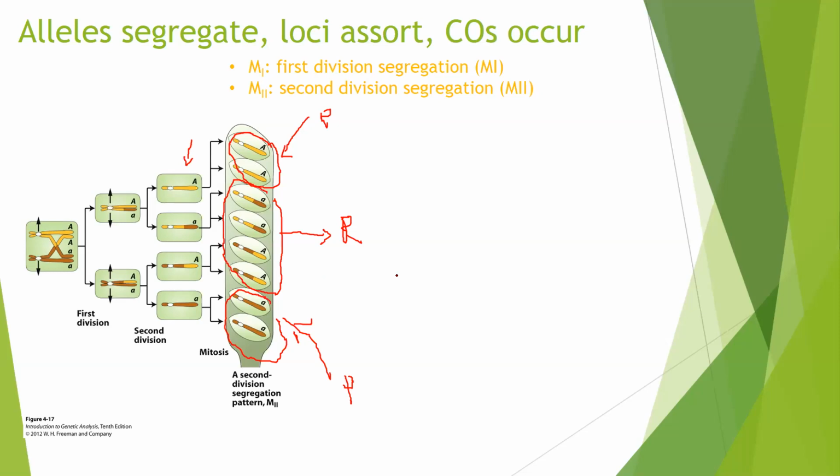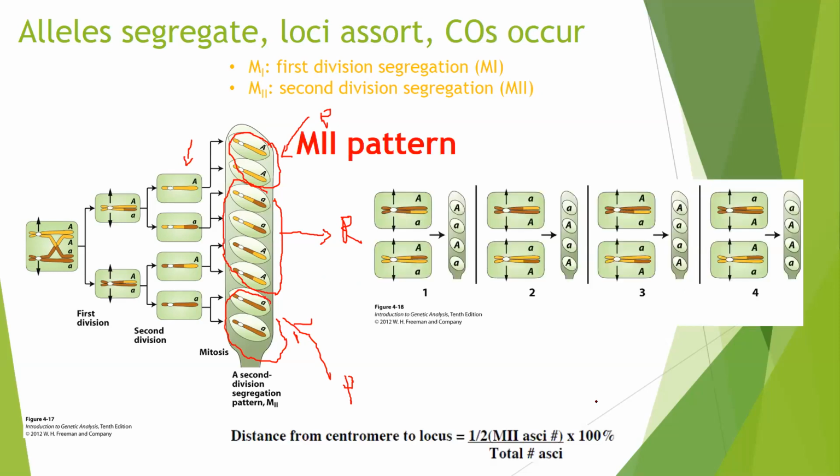So now look at the formula here. I hope everyone can understand why I put a 1/2 before this number, because this number represents the asci that contain the M2 pattern, right? But within each M2 pattern ascus, only 50% of the progeny are the parental type, and 50% of them are the recombinants.